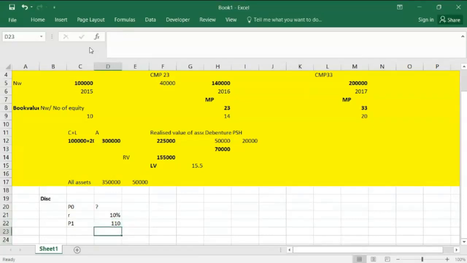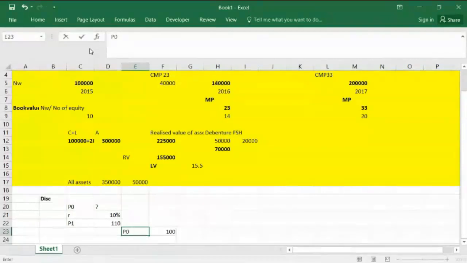So I calculate P0 as 110 divided by 1 plus 10 divided by 100 to the power 1, which means 1.1 to the power 1. Simply divide by 1.1 and you get 100 rupees as the beginning price.